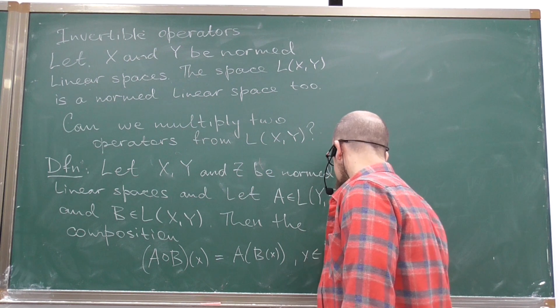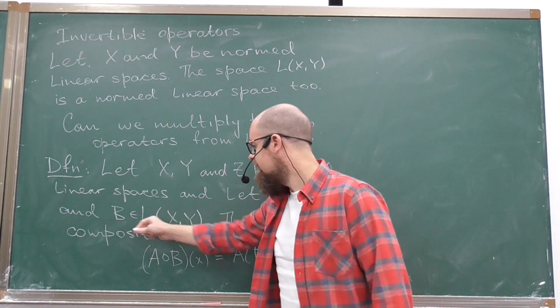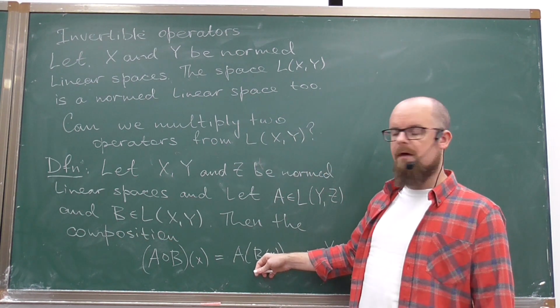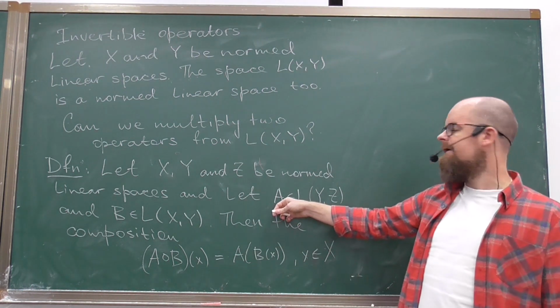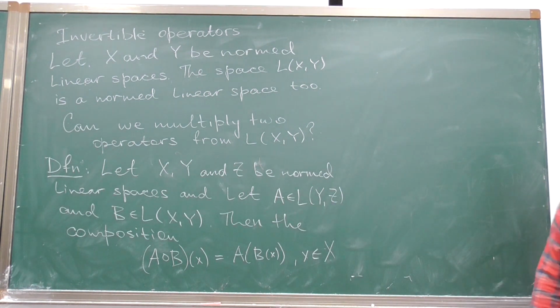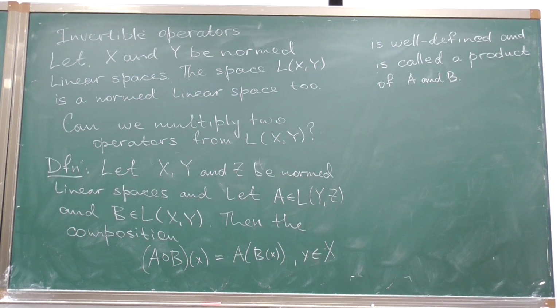Which is well defined for any element from X, because B acts from X to Y, so B of x is an element of Y. And so we can apply an operator A to this element, which maps that element of Y into Z. So this composition is well defined, and it is called the product of two operators A and B. In this case, we denote it by AB.